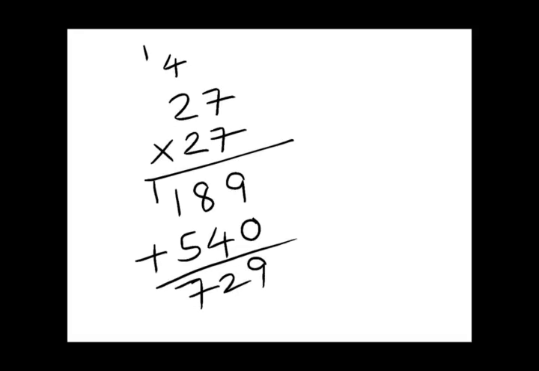Square of 27 is 729. Now you have to multiply 729 into 27. Then you will get the answer, 27 cube.